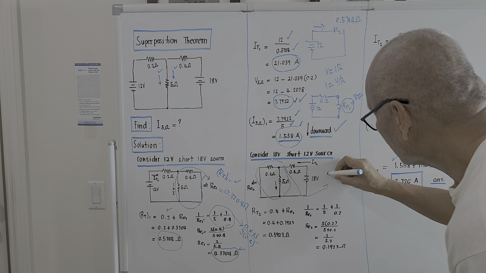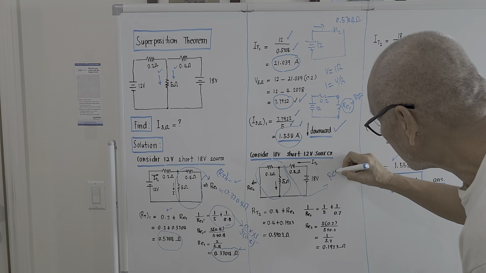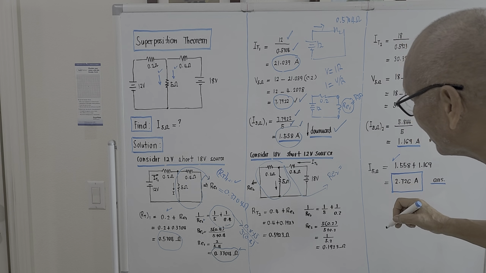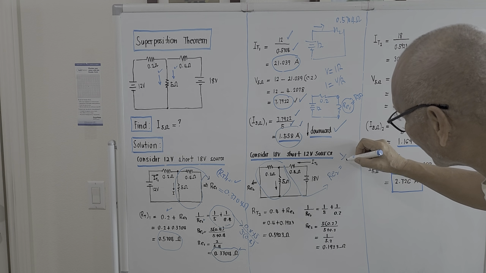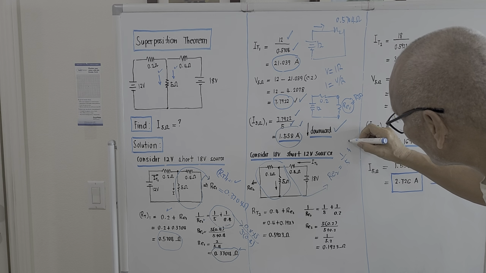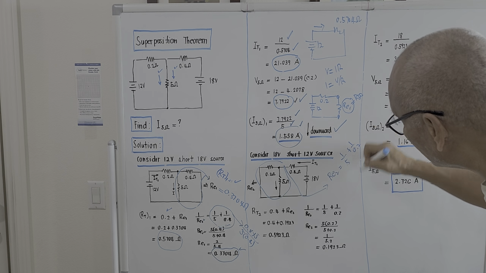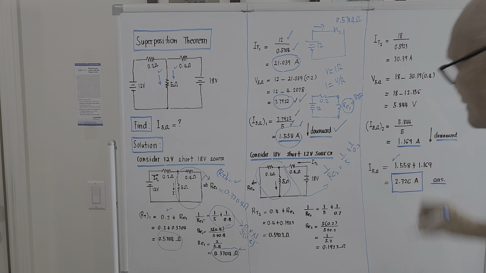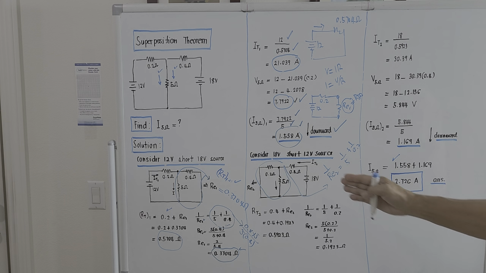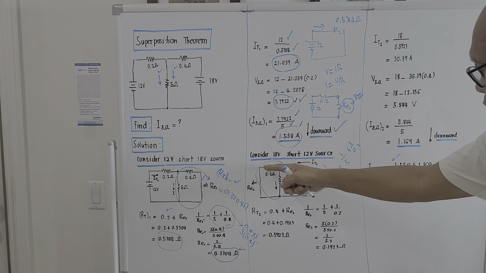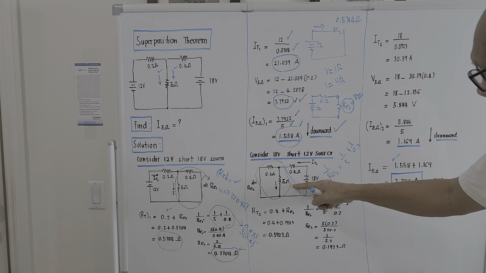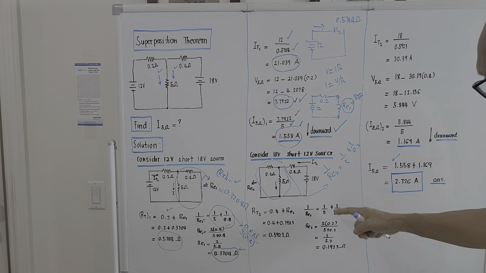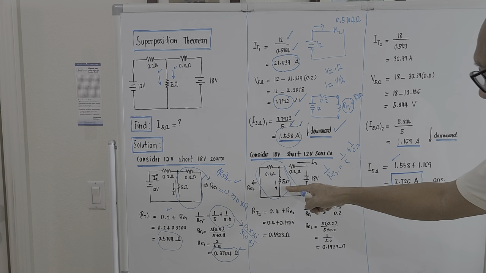And we designate that one as RE2. That will be 1 over 5 plus 1 over 0.2, or that is 1 over RE2. To compute for the total resistance, we take the single equivalent of this. They are in parallel. So 1 over RE2 will be 1 over 5 plus 1 over 0.2.